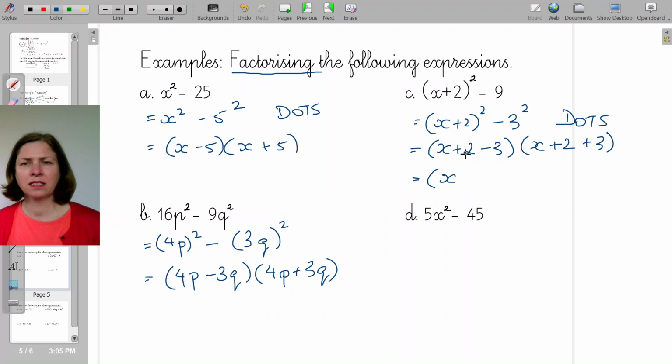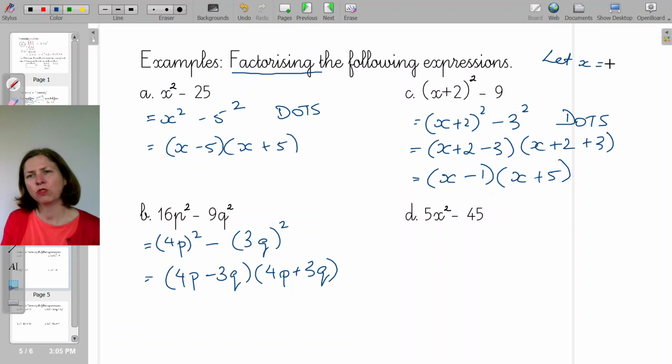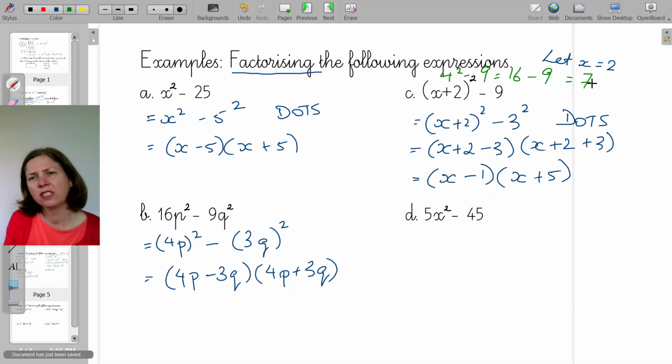This gives me x plus 2 minus 3 is x minus 1, and x plus 2 plus 3 is x plus 5. Now, if you've got a tricky question like this and you're in a little bit of doubt, what you can do is you can say, let's let x equal 2 and see if we get the same number. So I'm just going to change colour to do those scribbles. If I make x 2 here, I'm going to get 4 squared minus 9, which is 16 minus 9, which is 7.